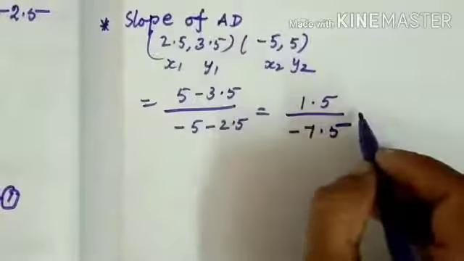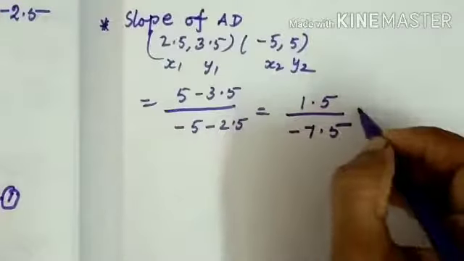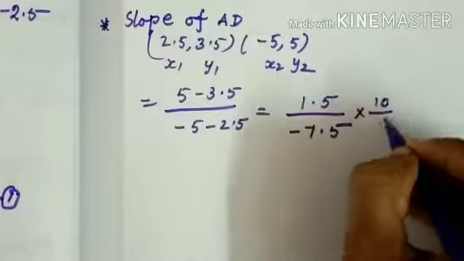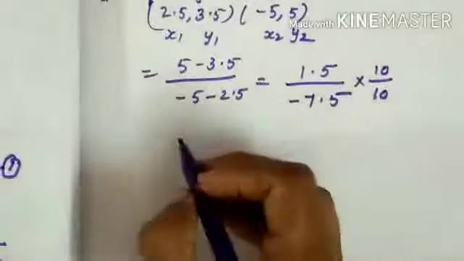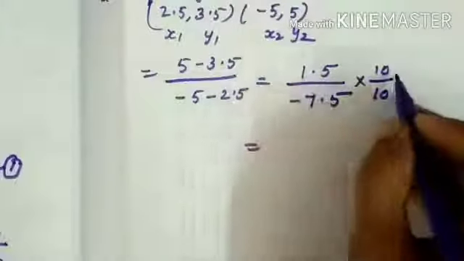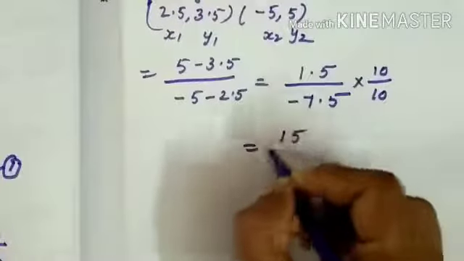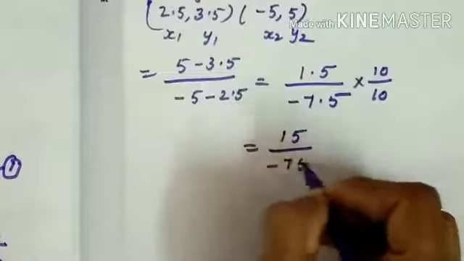Now for removing the decimal point, you have to multiply by 10 both numerator and denominator. Then we have 1.5 into 10, we get 15 by minus 75.